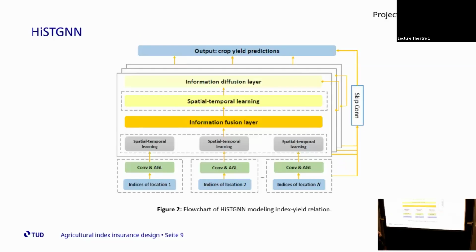And we also tried some deep learning, a hierarchical graph neural network, to capture spatial-temporal dependence. So we have weather indices: temperature, rainfall, wind speed in each location, right? So we first construct the local graph structure based on these weather indices, and we get a small graph for each location.